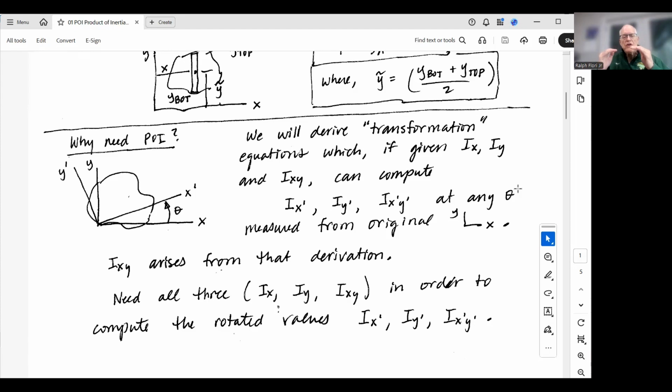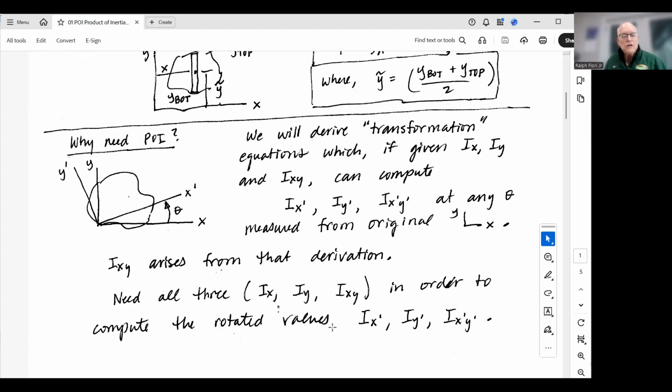When we derive those transformation equations, one of the terms that appears in that derivation is an IXY term. And so IXY becomes part of the process of calculating those rotated axes.